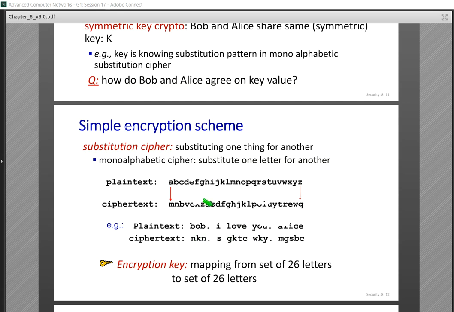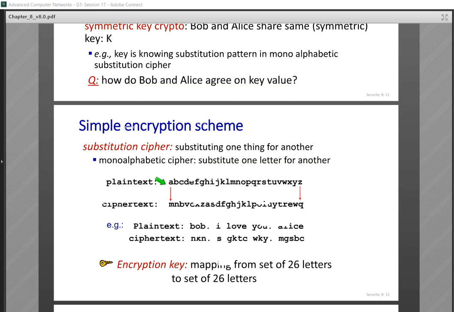Instead of I, I'm replacing it with S. Instead of L, we are using G. Just substitute each character by a new one, based on this strategy here.